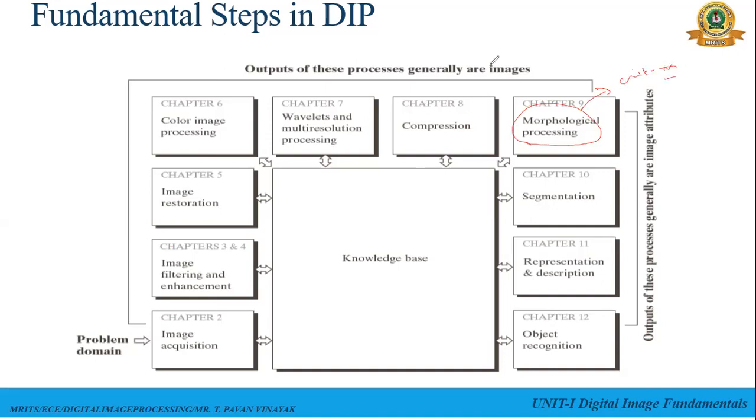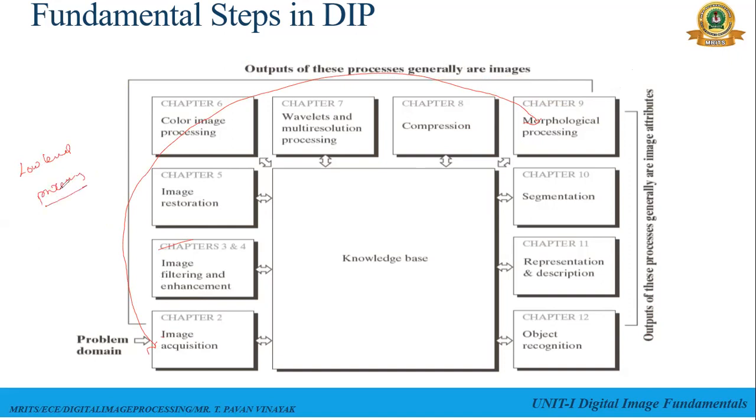Observe here, they give an arrow mark from here to here. The outputs of this process are generally images. Up to here, these are low level processing techniques.